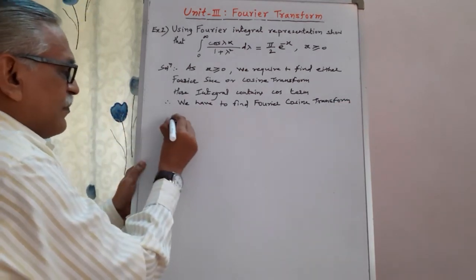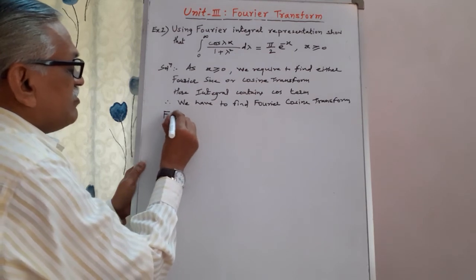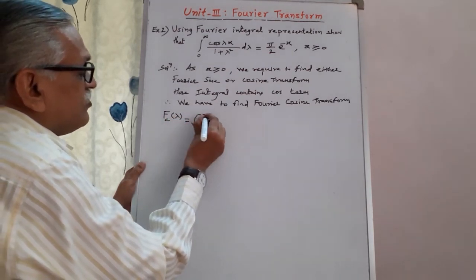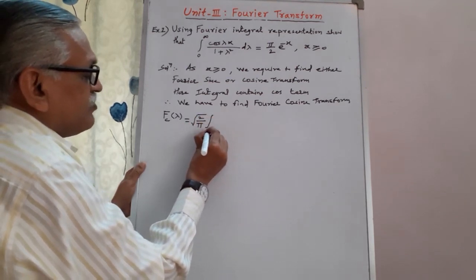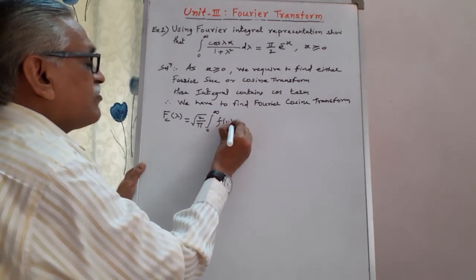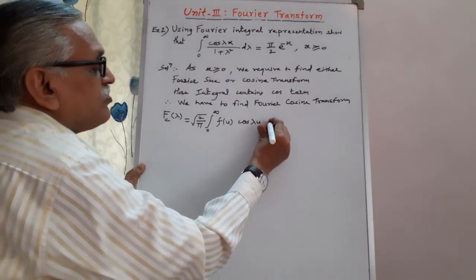And therefore we apply the standard result: the Fourier cosine transform fc lambda is root of 2 by pi integration from 0 to infinity f of u cos of lambda u du.